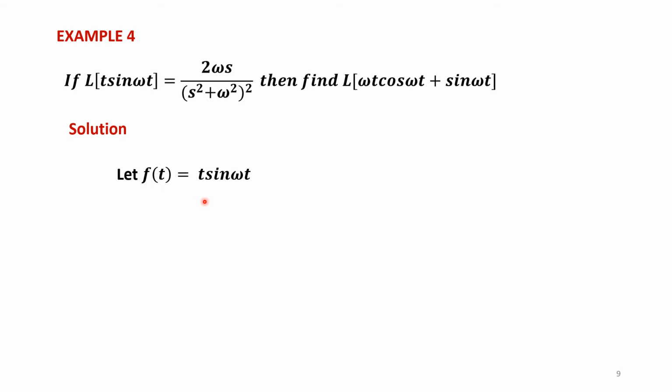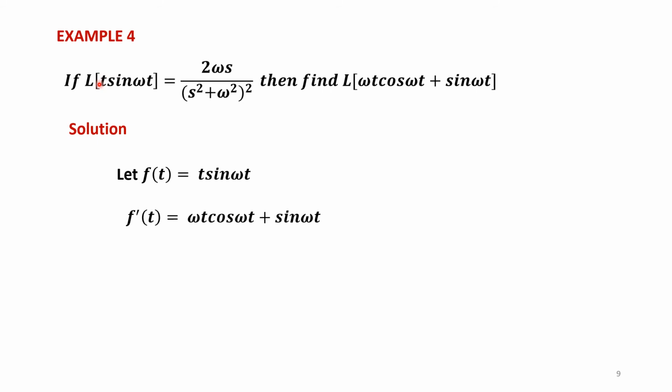So what is its derivative? What will be f dash of t? There are two functions of t, so use the u into v rule and find the derivative of t sine omega t. What will happen? t into derivative of sine omega t, which is omega cos omega t, plus sine omega t into derivative of t, that is equal to 1.